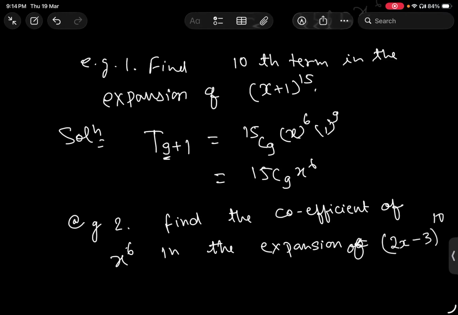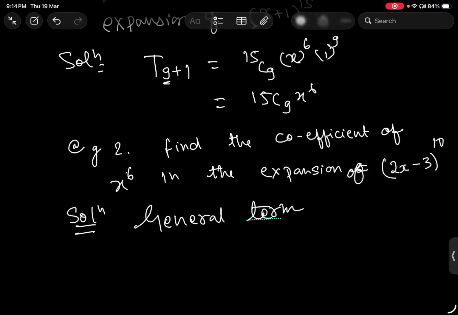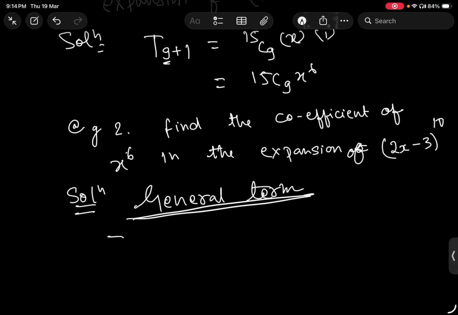Okay, this is the question. So we have to find the coefficient of x to the power 6. Again, we will find the general term. So the general term will be t(r+1) nCr, and between 2x and 3 we have a negative sign.